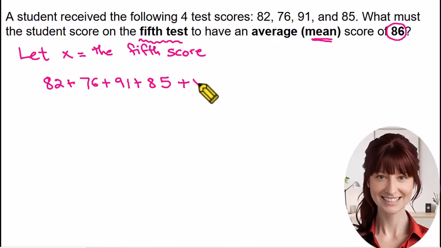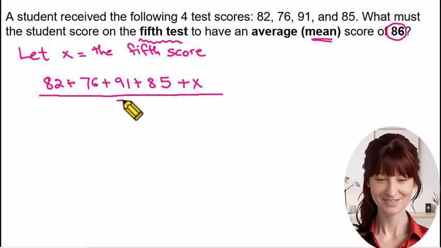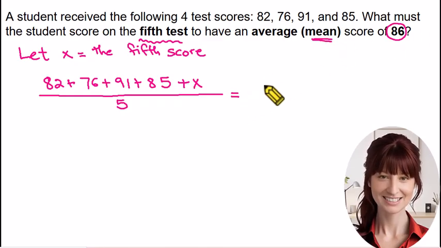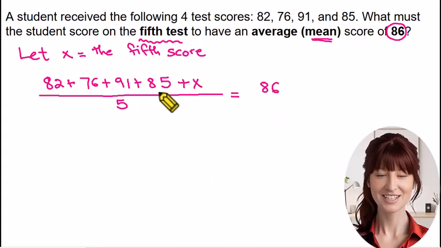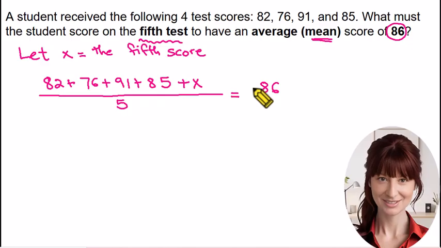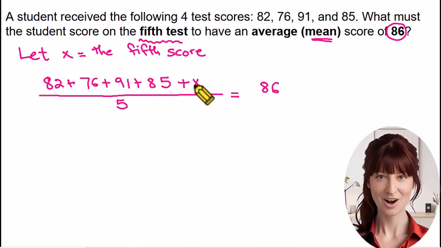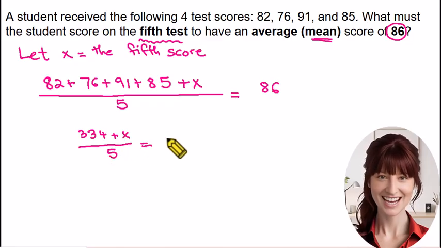So plus x, and then we're going to divide the sum by 5, and that is the average. And we know that the mean or the average is 86, so we're going to say that is equal to 86. What we have here is a linear equation with unknown x. So if you add these 4 numbers together, we get (334 plus x) over 5 equals 86.